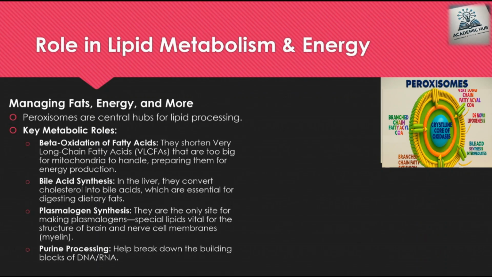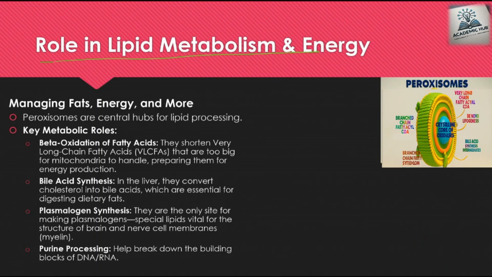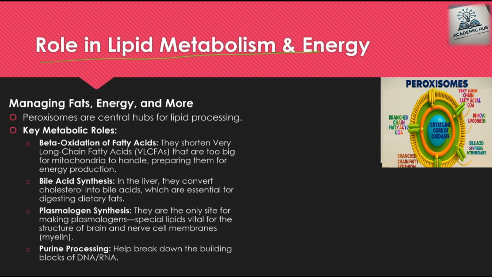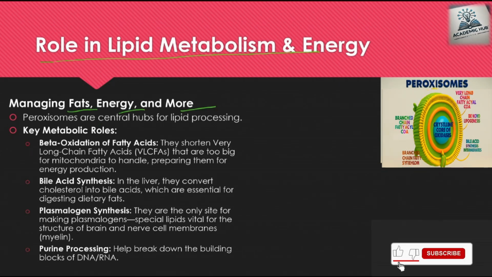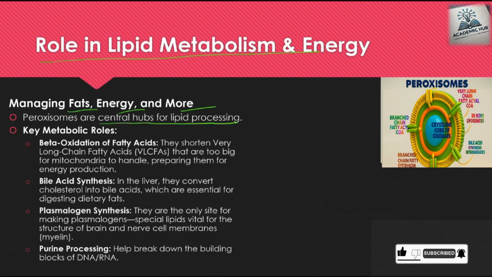Now, next is the role of peroxisomes in lipid metabolism and energy. In this, we will learn how they manage fat, energy and more. First we will look at peroxisomes as a central hub for lipid processing.